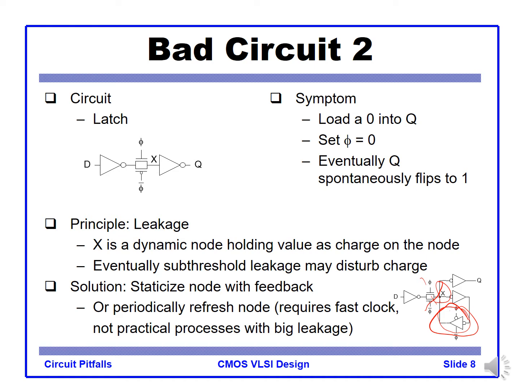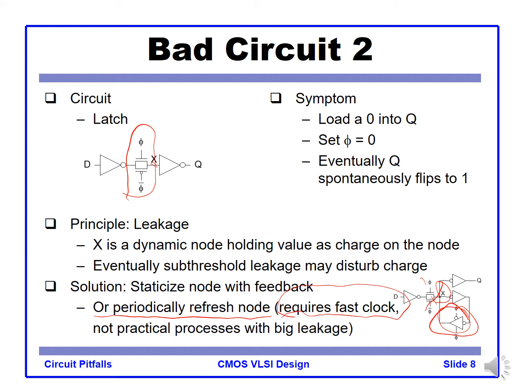This is one solution, but another solution is to periodically refresh the node X. How do we refresh the node? By having a faster clock, right? Making this transmission gate turn on at a much faster rate. So use the fast clock so that we can refresh the node X.